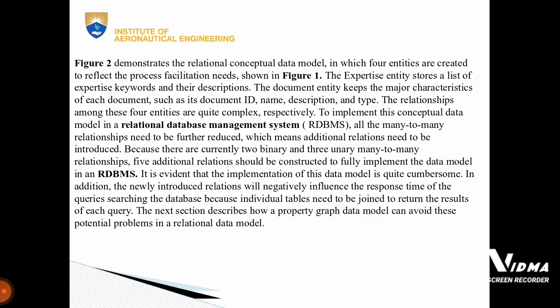As shown in Figure 1, the expertise entity stores a list of expertise keywords and their descriptions. The document entity keeps the major characteristics of each document, such as its document ID, name, description, and type. The relationships among these four entities are quite complex.